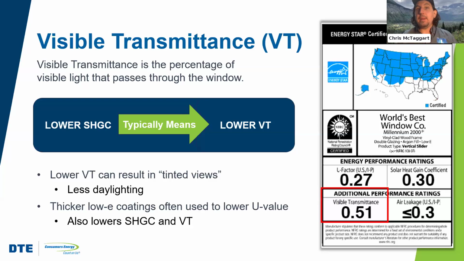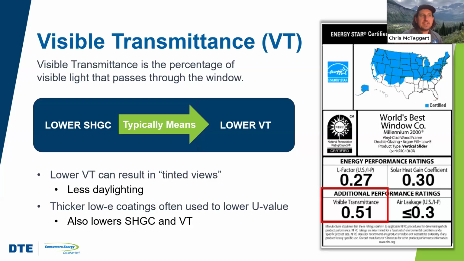That sounds great, but when you add those thicker low E coatings, it also affects your solar heat gain coefficient, and it tends to lower that solar heat gain coefficient. And then when you have a lower solar heat gain, that typically means lower visible transmittance. So again, here in Michigan, if we just go and select the window that has the lowest solar heat gain coefficient, because we heard that lower SHGC is good, it will save on cooling costs.